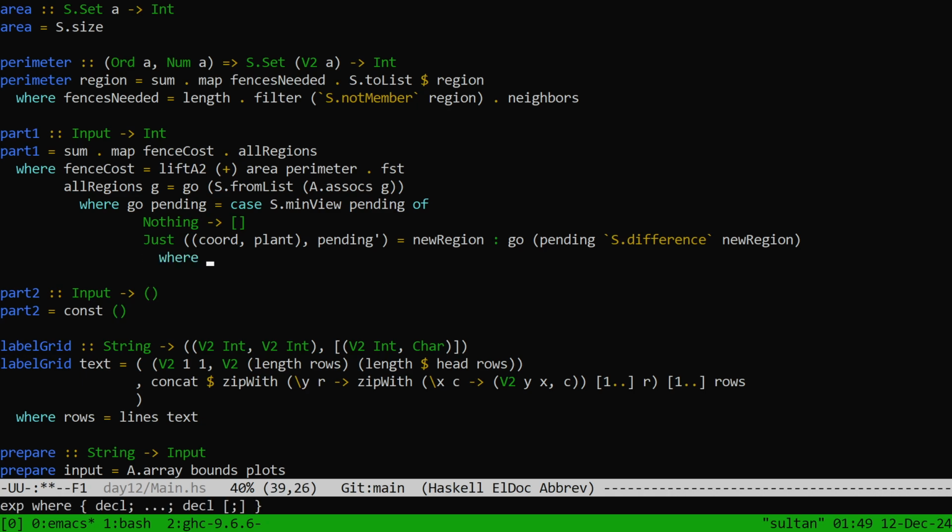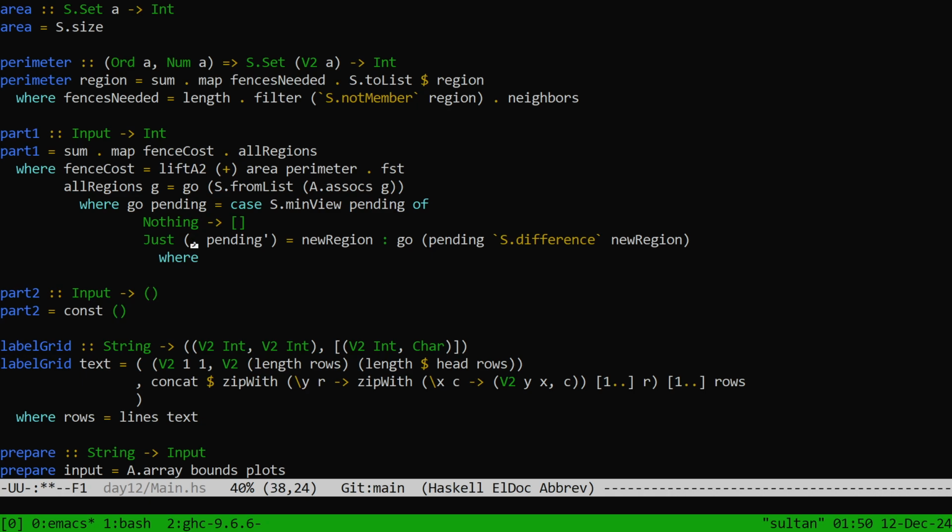Where, and we have some wheres to do here. Actually, do I need the coordinate and the plant here? I think so. So actually we can just do... Well, this is kind of funny.